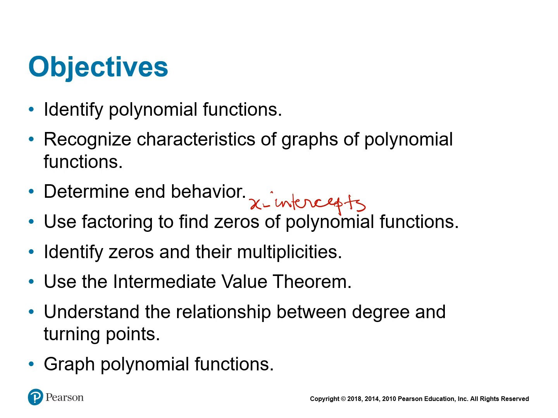The process is going to be pretty much the same, but here especially we will be learning how to use the factoring method to find zeros or x-intercepts. Then identify zeros and their multiplicities. We'll talk about this, and I'll explain what multiplicities mean.